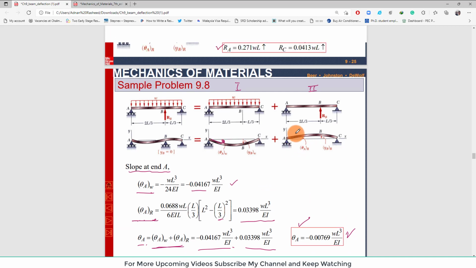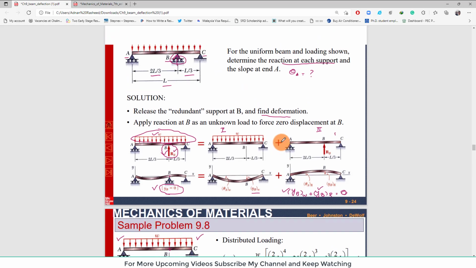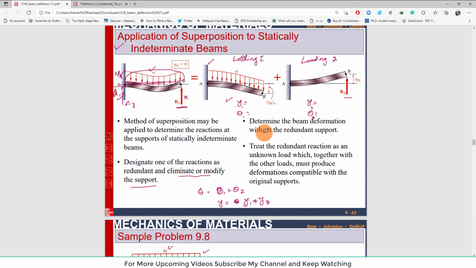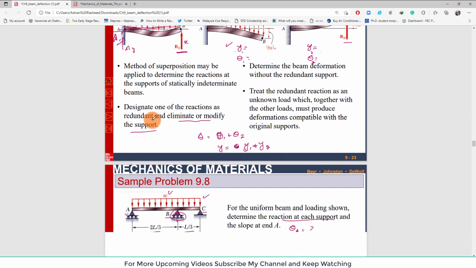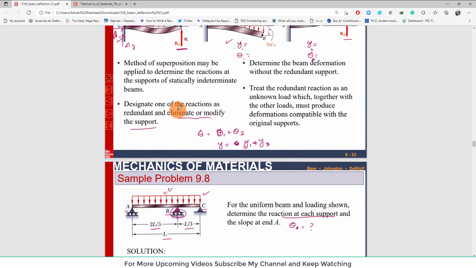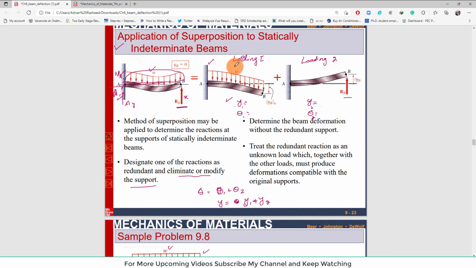Again, I will summarize it. In this indeterminate beam, we have to find the reaction forces and slope at point A. So first, what we did is that we applied the method of superposition. We split the load into loading 1 and loading 2. How we did it?